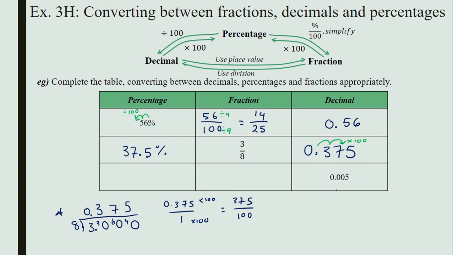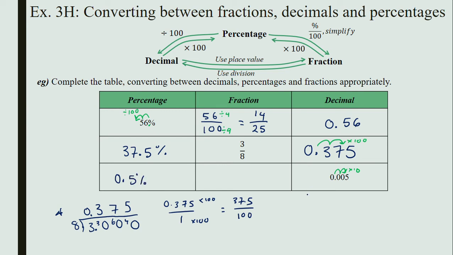Okay. Very last one now, we have 0.005. So to convert that to a percentage first, we'll use the same shortcut as we just did. We're going to move the decimal point to the right twice. What that gives us is 0.5%.